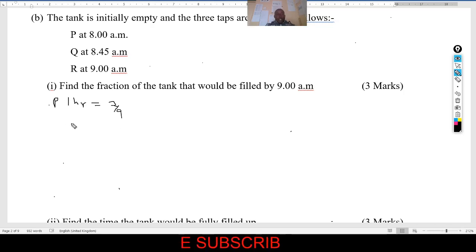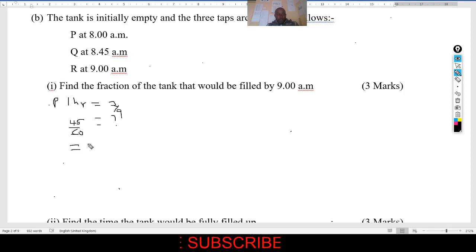So what about 45 minutes? Because it will fill 45 alone, that is 45/60. It will fill that alone before the other one is open.